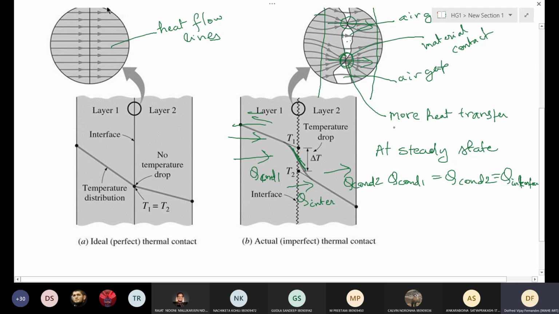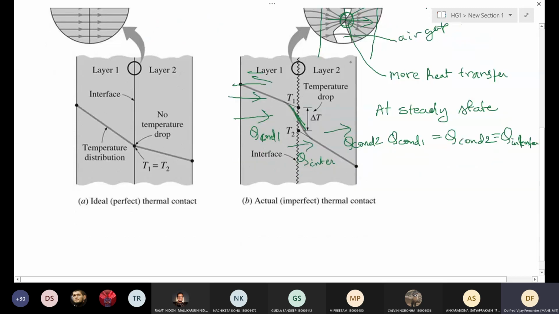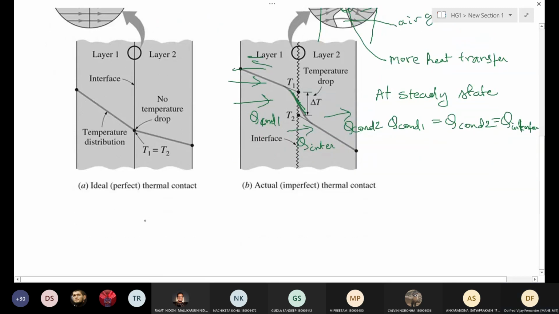So for the conduction through the interface, we can write Q interface will have conduction where there is a contact region, and Q convection in the gap.